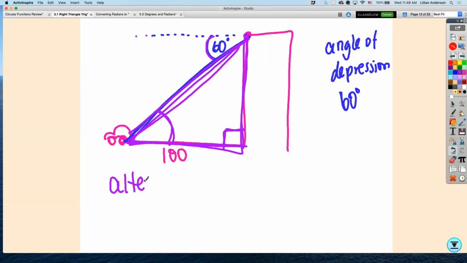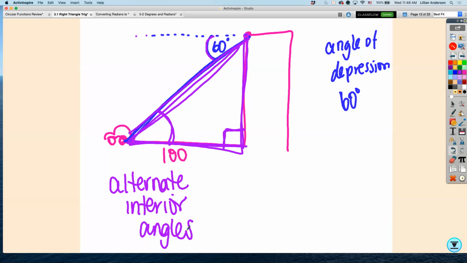Alternate interior congruent angles. Throwback from geometry. So if you have an angle of depression that's outside of the triangle you need, its alternate interior angle will also be that angle every time. So then you'll be able to solve whatever you need to.